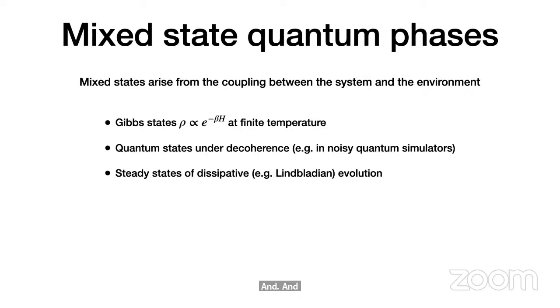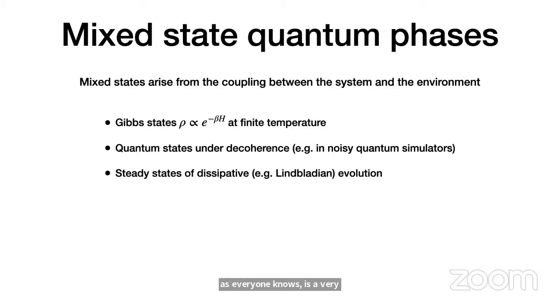And more recently, to me, we get to appreciate that there are other kinds of mixed states. For example, you can have a quantum state just subject to some decoherence or noise. And they arise in noisy quantum simulators, which is, as everyone knows, very fashionable these days.